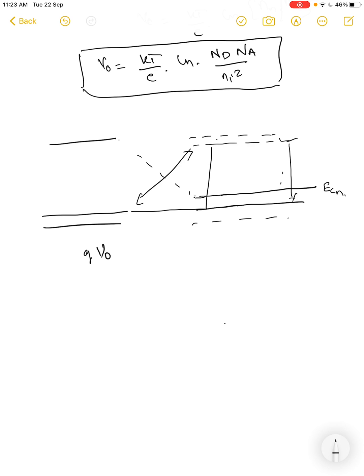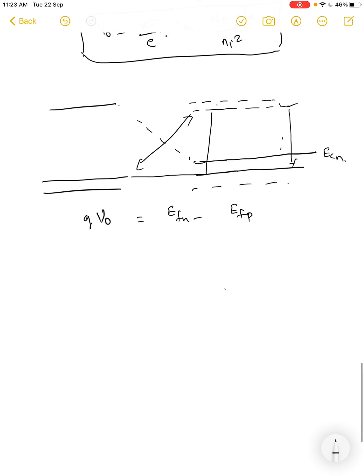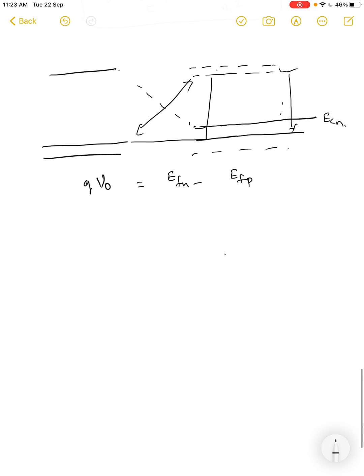The relative motion of the conduction band energy levels should be equivalent to EFN minus EFP. So EFN is the actual Fermi level in the unjunctioned case, and EFP is the Fermi level in the normal, uncontacted p-type semiconductor.